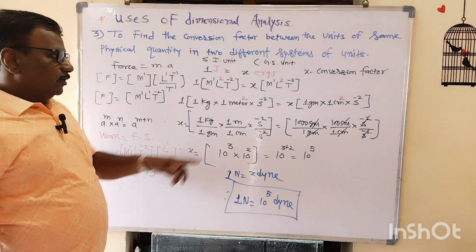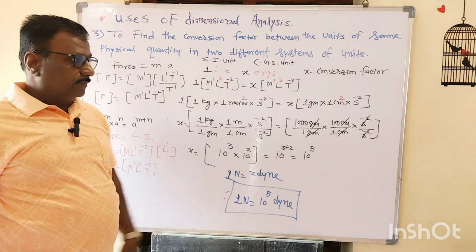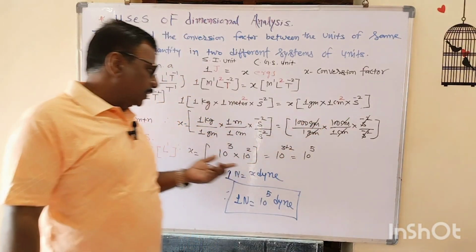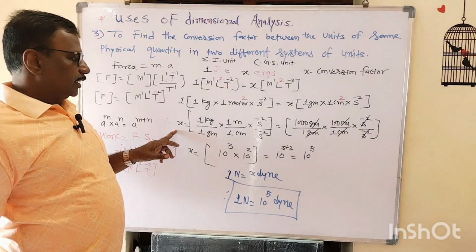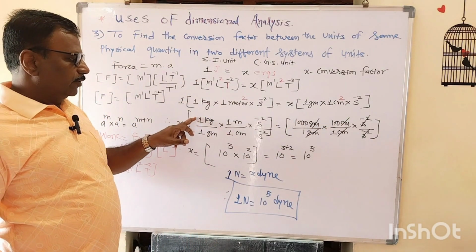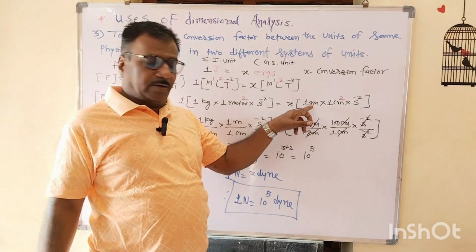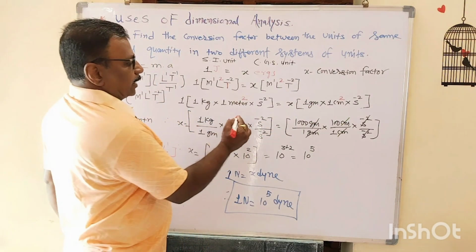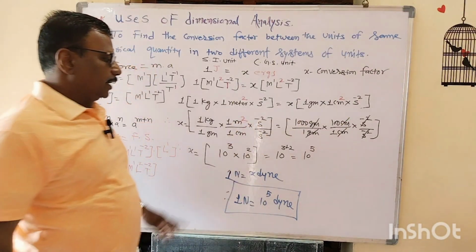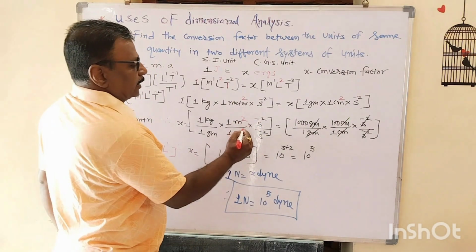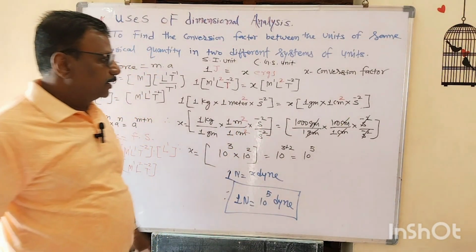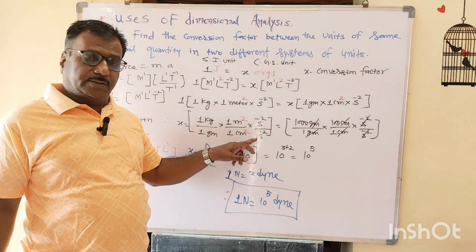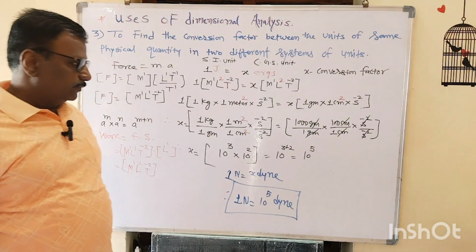Now we have to find the value of X. So take this value on the left hand side. We get X equal to 1 kilogram divided by 1 gram, 1 meter square divided by 1 centimeter square, second to the power minus 2 divided by second to the power minus 2.